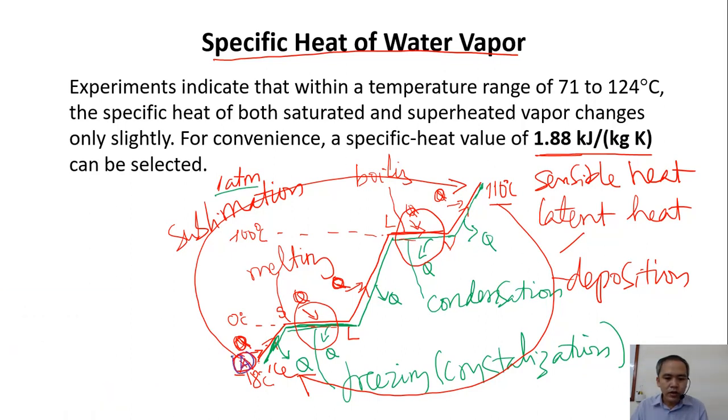If you need to calculate A to B to C to D, E, and then F. Okay, the energy to increase from A to B will be what? The specific heat of ice multiplied by the change in temperature, what? 0 minus 18.